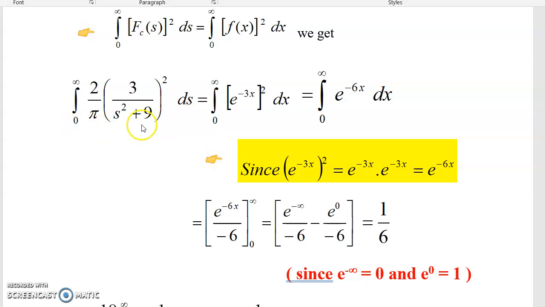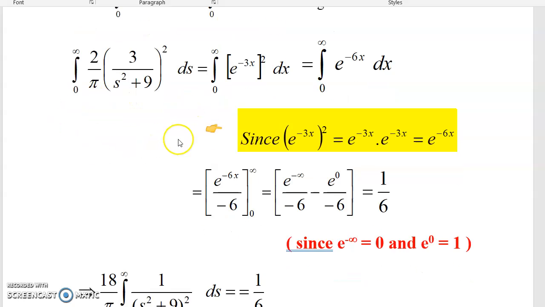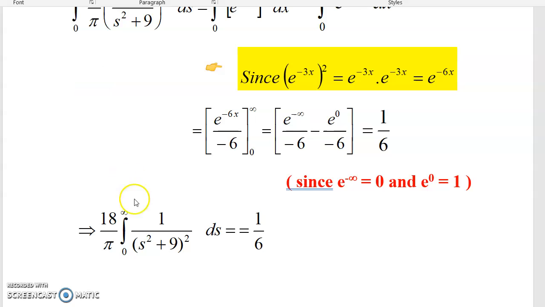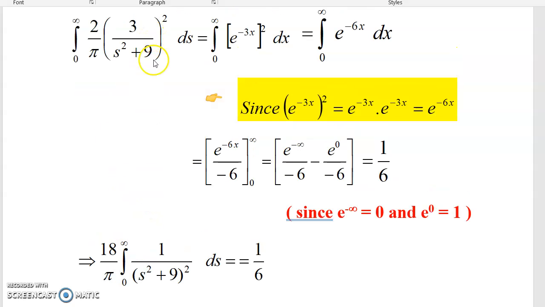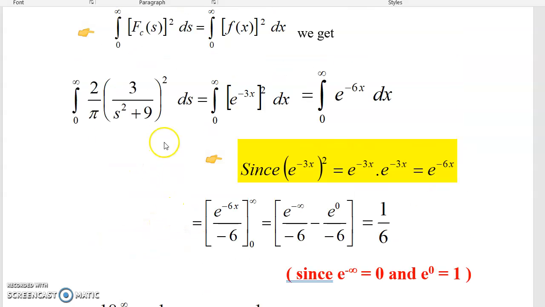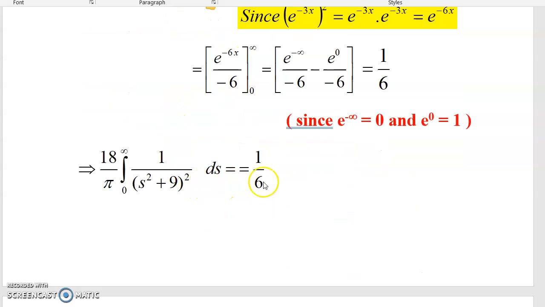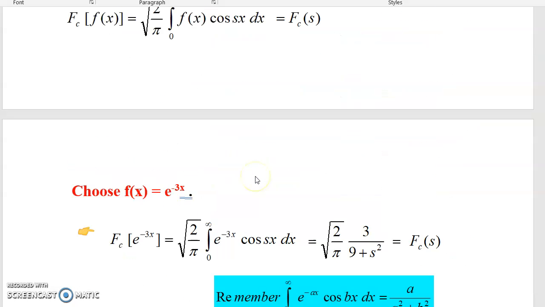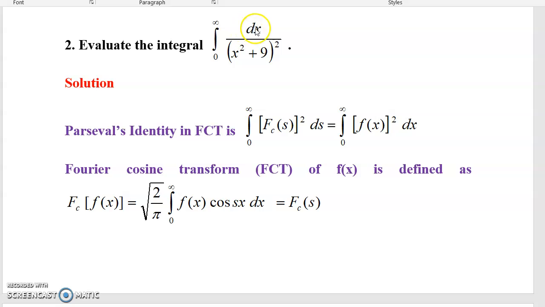And what do we have in the left side? See here, this is the left side we have. So taking this 3 square, 9 into 2, 18 by pi out, 0 to infinity, 1 by s square plus 9 the whole square ds, equal to the right side value, 1 by 6. So look at this integration and compare with the question. Here you have integral dx by x square plus 9 the whole square.